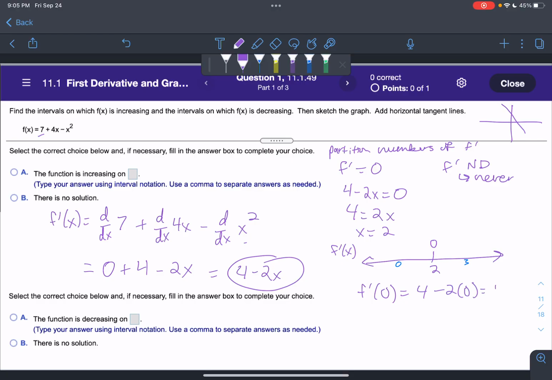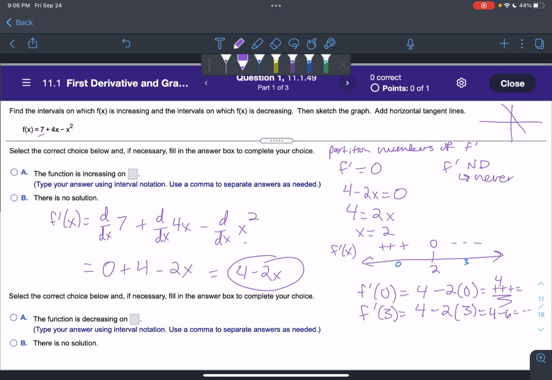So this is going to be a positive number, or you can just say this is 4, right? It's pretty simple. So our sign chart is positive to the left of 2, and then if we find f prime of 3, notice I'm plugging it into f prime and looking at the sign: 4 minus 2 times 3, so this gives me 4 minus 6, which is a negative number, negative 2.